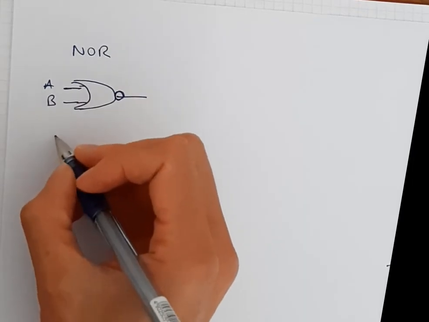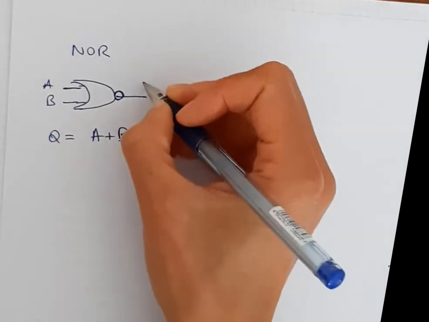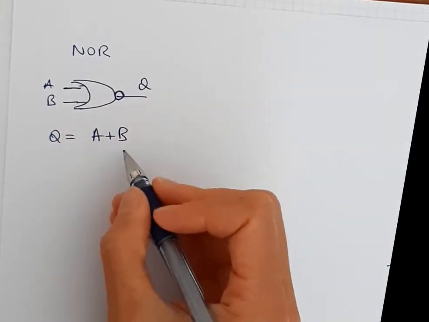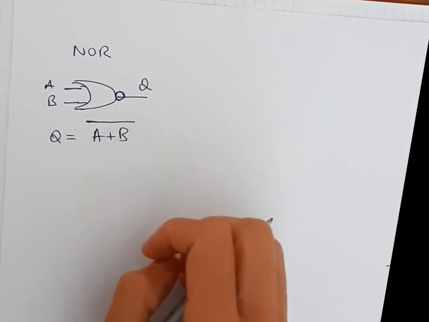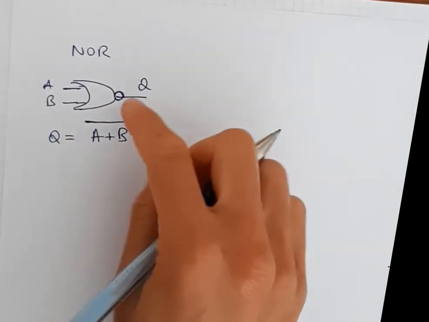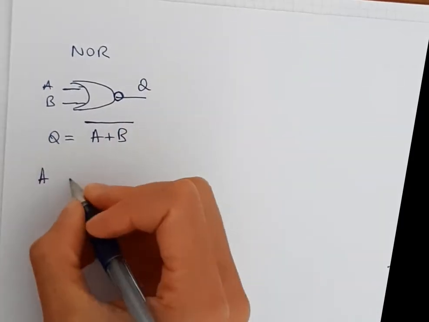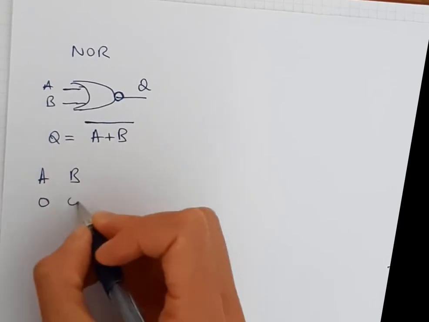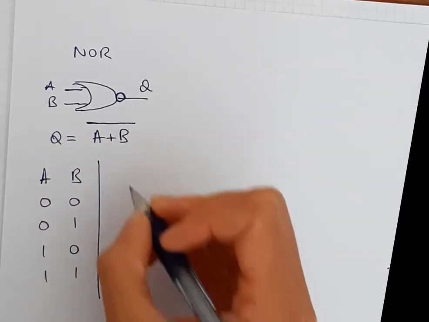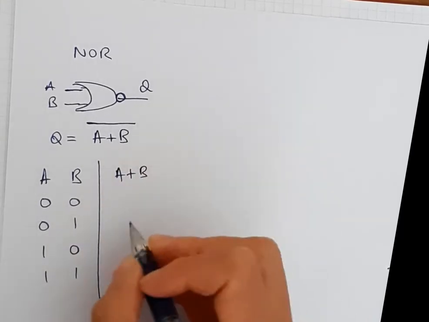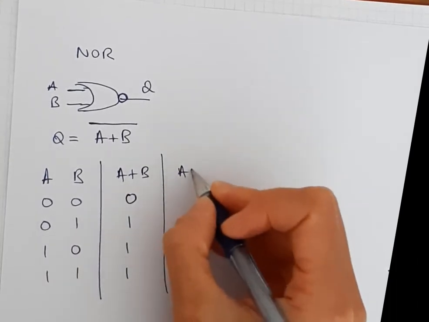So if I look at the mathematical notation, I have my A plus B. So my output is Q. A plus B because it's A or B. And the whole thing has a line across it. Okay, so the whole thing, because you invert it afterwards, after it's been ORed. So if I again look at my truth table, first I need to know what my truth table of my OR gate looks like, and then I can invert that.